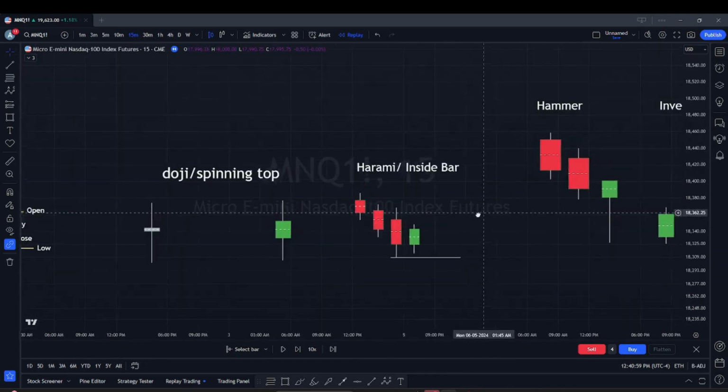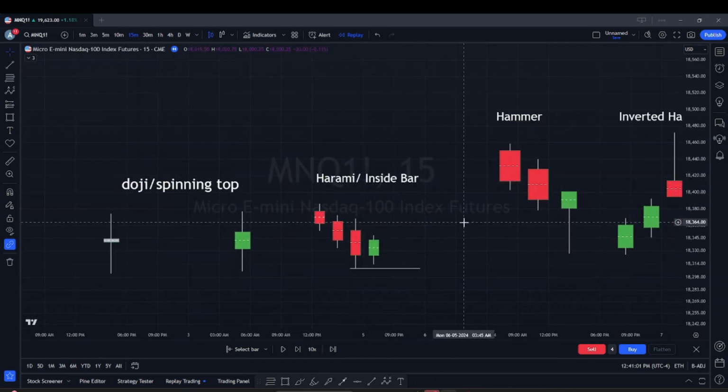Next one I like to look at is your haramis or your inside bar. What you're going to be looking for on this is, say, a downtrend.